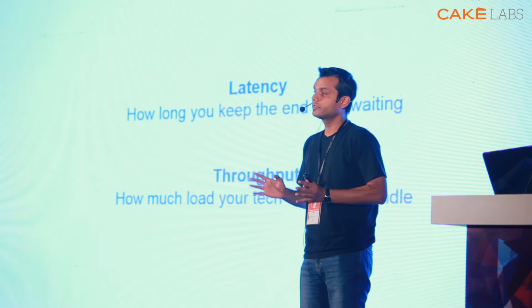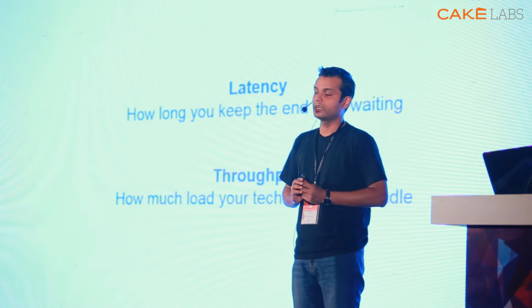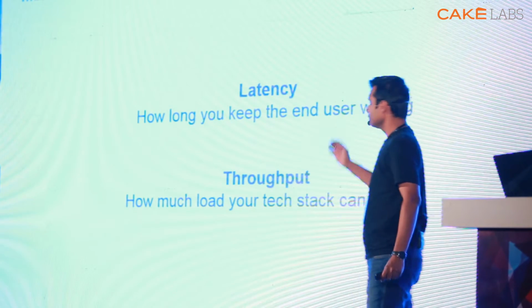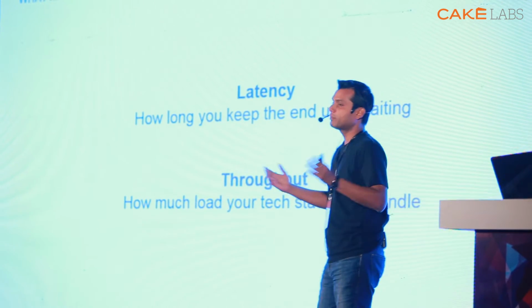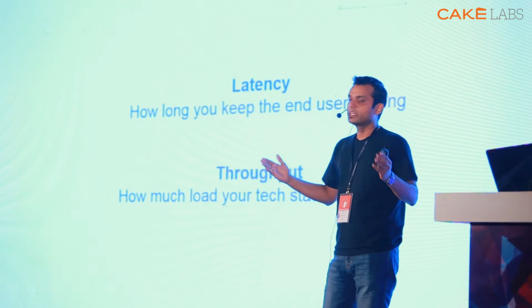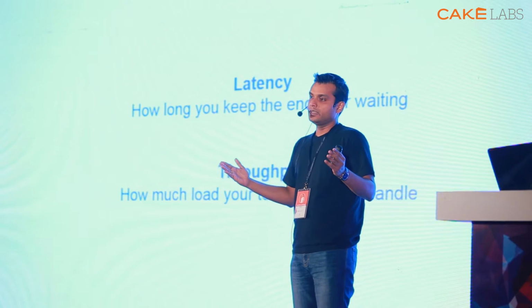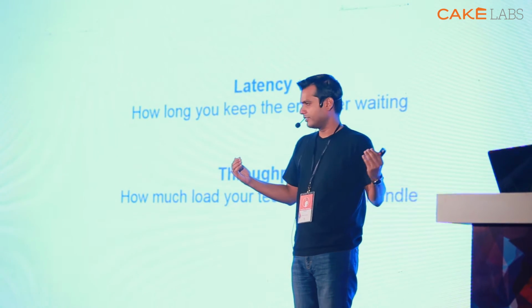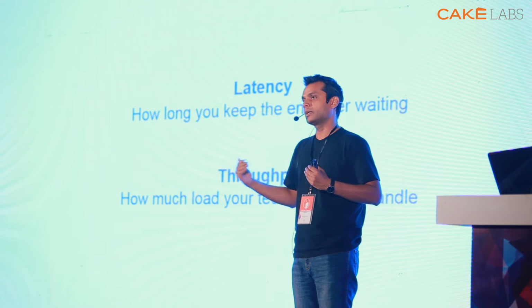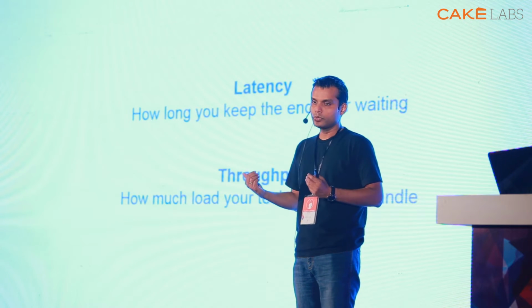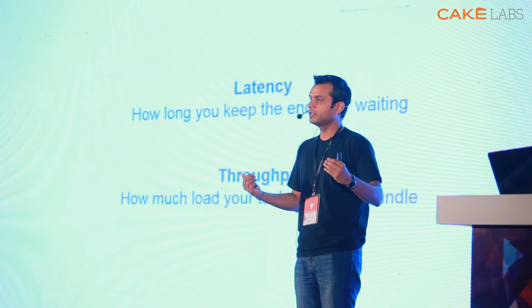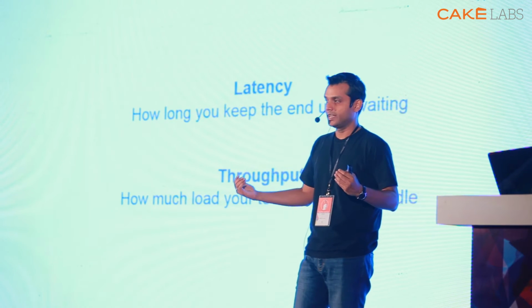So it really depends on what type of application you're writing. What you need to understand is, think of your application as a pipeline. It can flow, let's say, 1,000 requests per second through that pipeline, and that is your throughput. But your latency is how long a request takes to go in from one end of the pipeline and come out the other end.